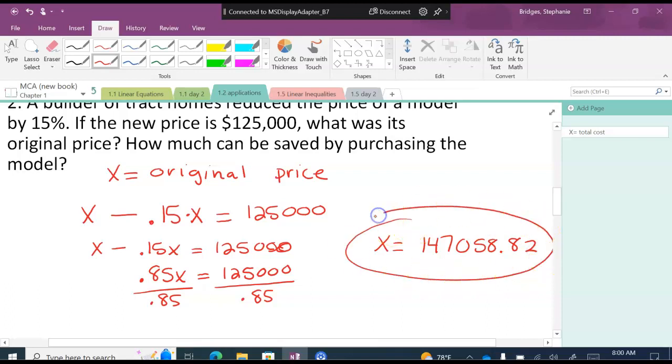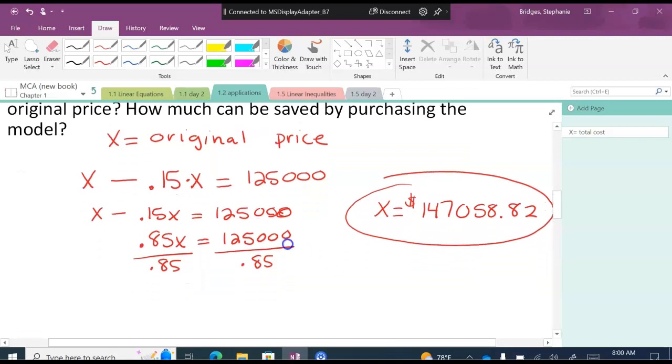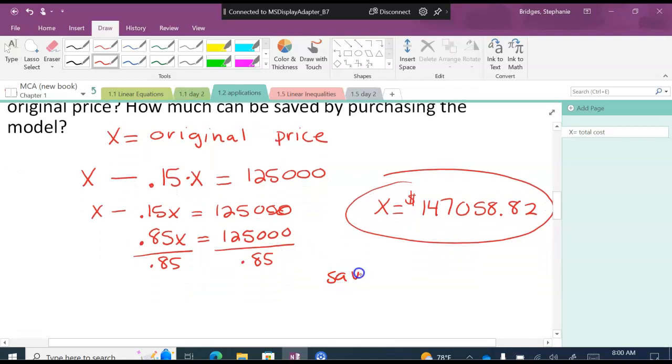That's one answer. But they also asked us for a second answer, didn't they? How do you figure out how much you saved from the original cost? So we take what we found as the original cost, the 147,058.82, and we want to subtract the 125,000 to find out how much we saved. 2 questions here. 147,058.82 minus 125,000.